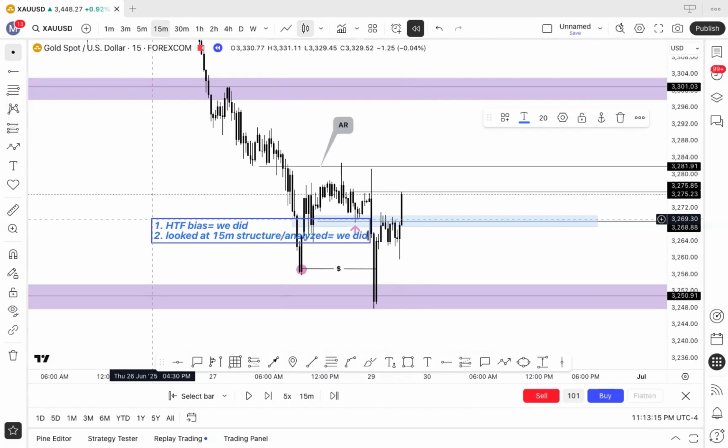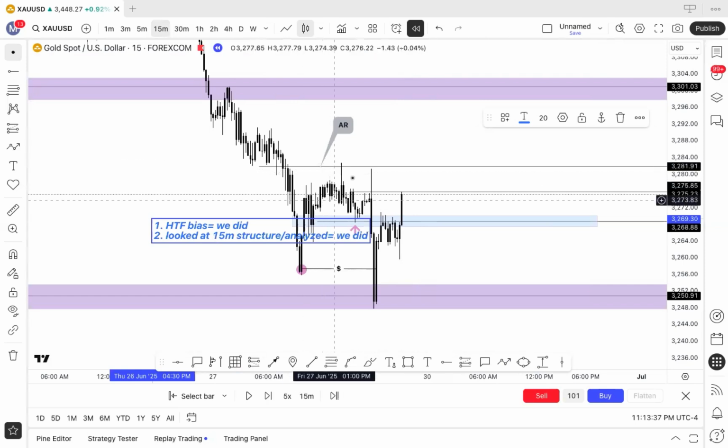We did. When I say this, it basically means we looked at all the concepts and analyzed it the way I did throughout the course: all the videos in the course, the way I analyzed highs and lows, liquidity, breaks of structure, failed breaks, advanced market structure, so anticipating retracements. We are looking at all those on the 15-minute time frame.